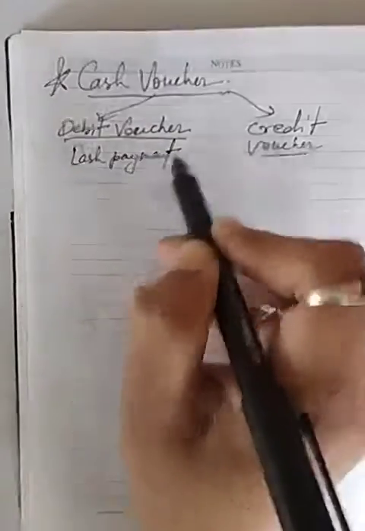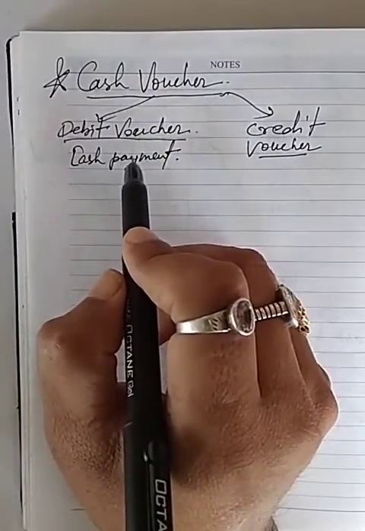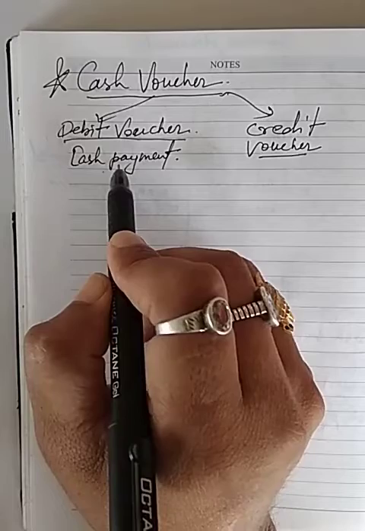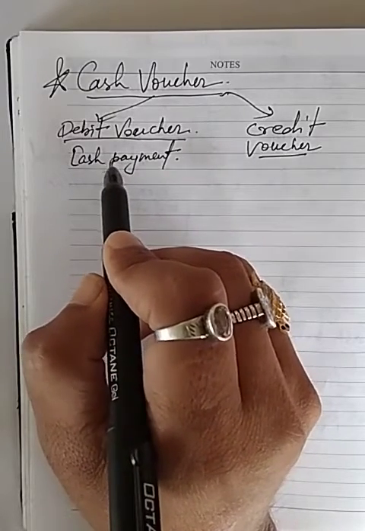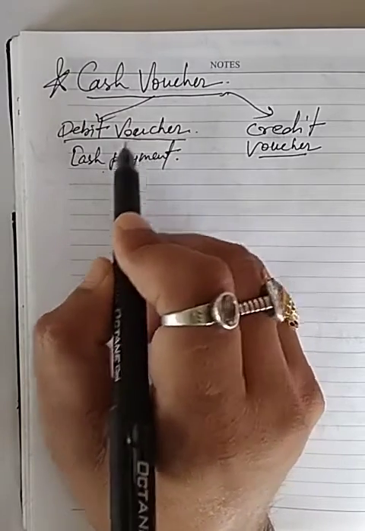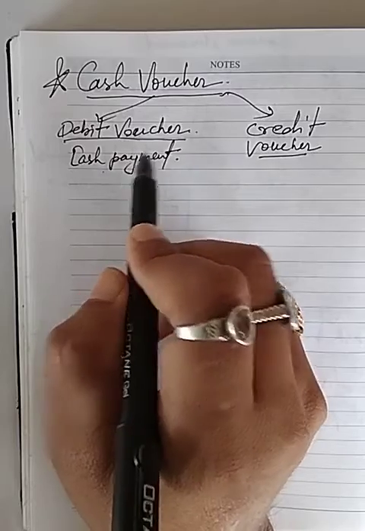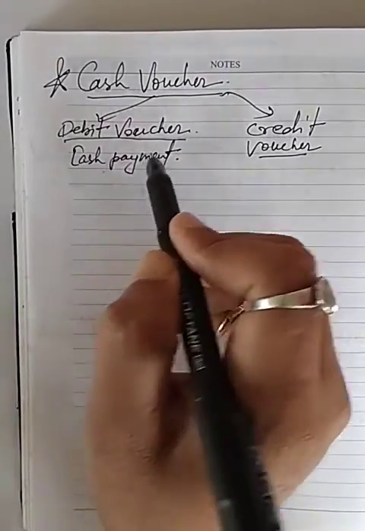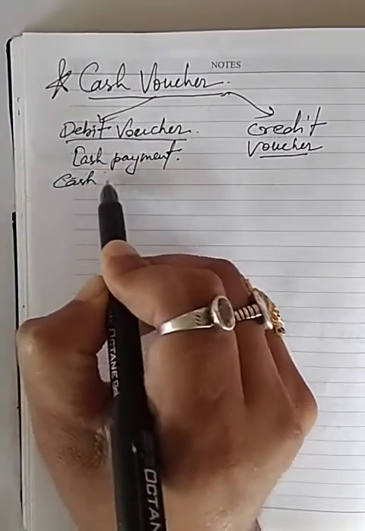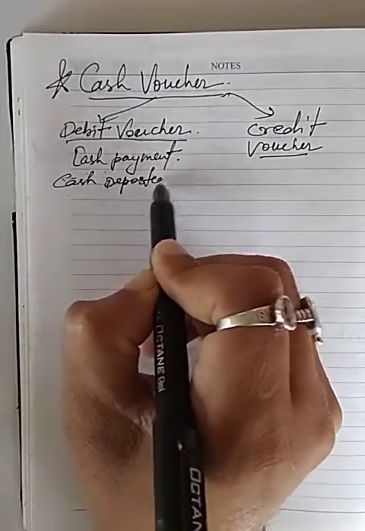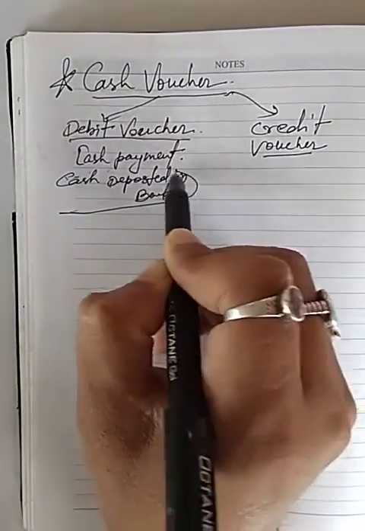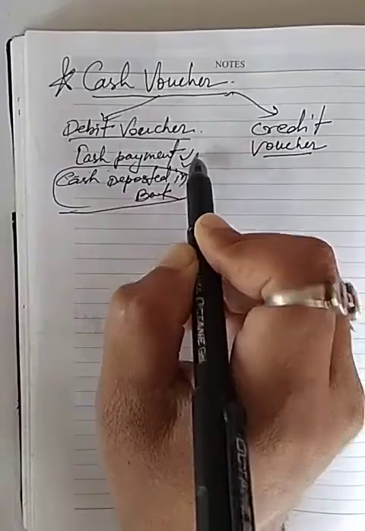For example, cash payment for expenses, cash payment for rent, salary, etc., cash purchase of goods, cash purchase of investment, cash payment to creditor, even cash deposited in bank. So cash voucher is prepared for cash payment.